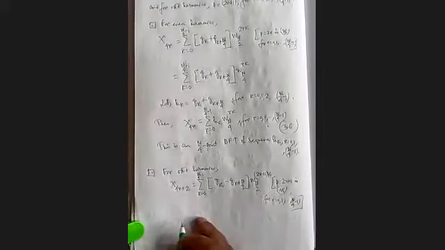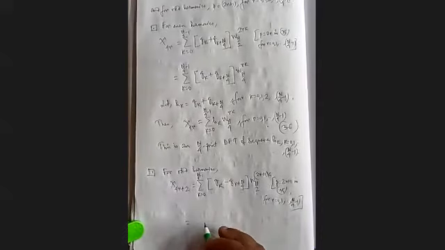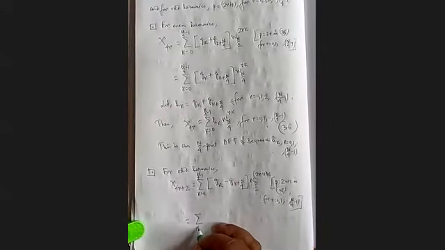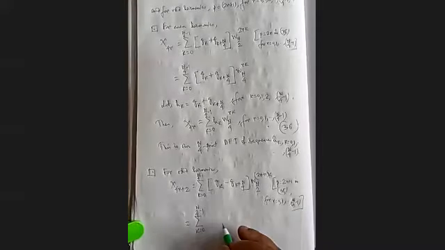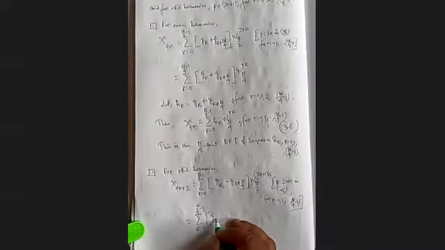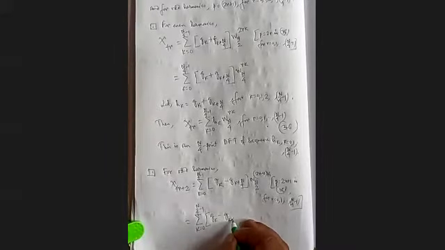So this is n by 4 minus 1, gk minus gk plus n by 4.